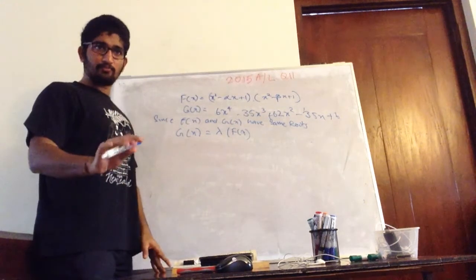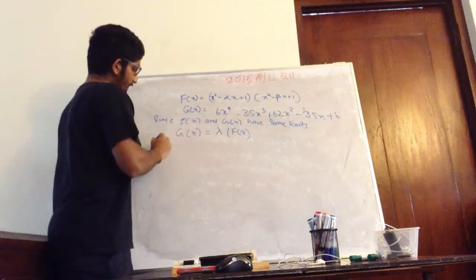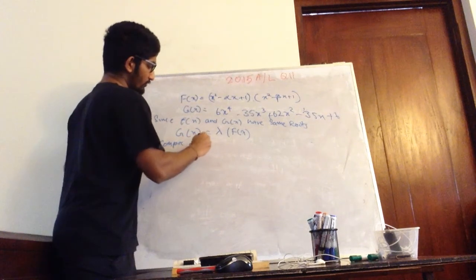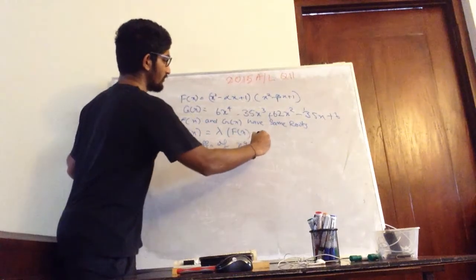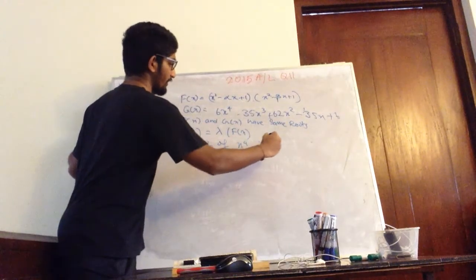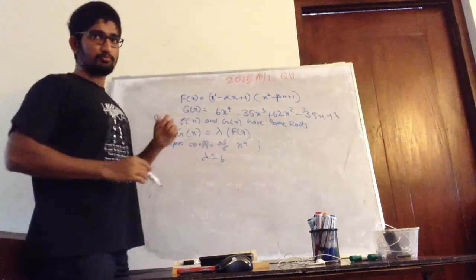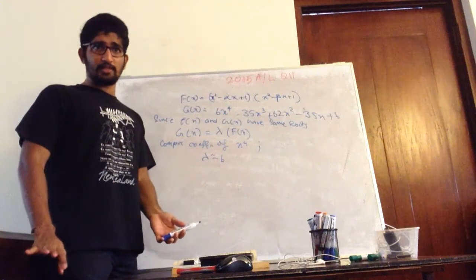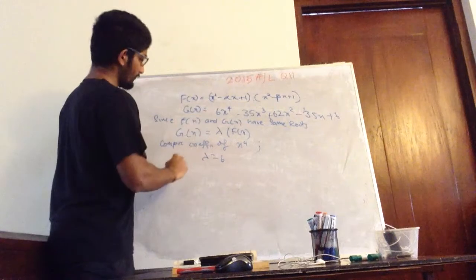That is clear now. So when you compare the coefficients of x to the power 4, then lambda should be equal to 6. That is crystal clear. So we'll continue with that finding.